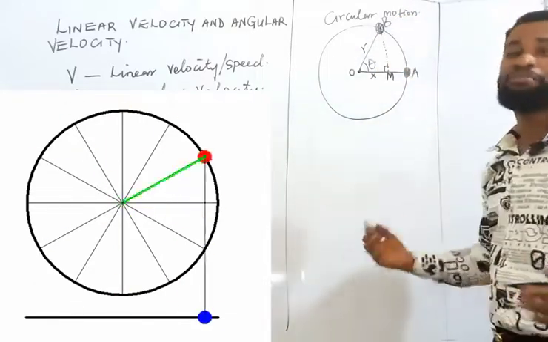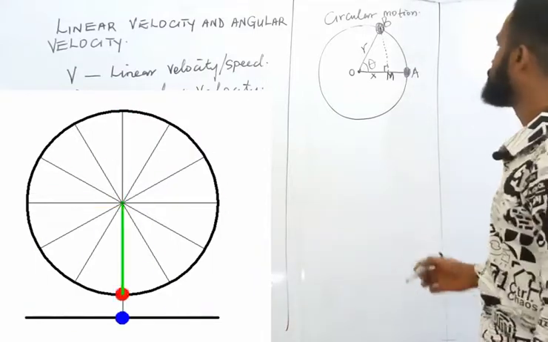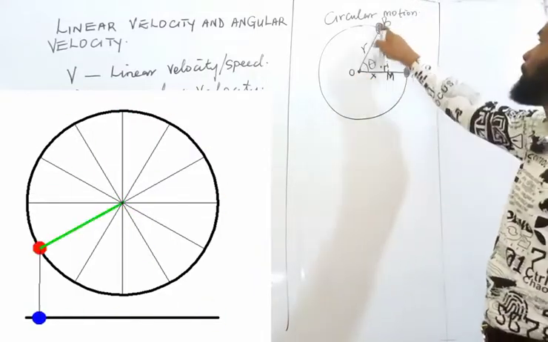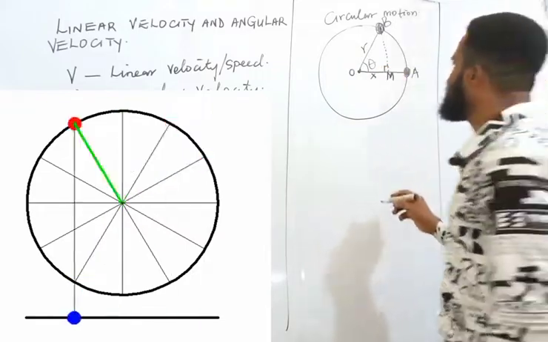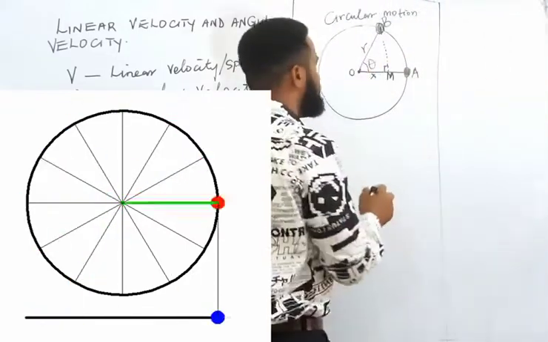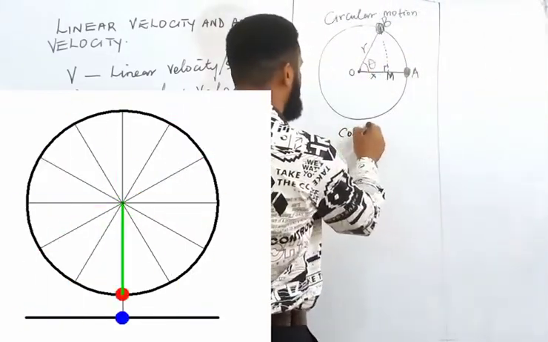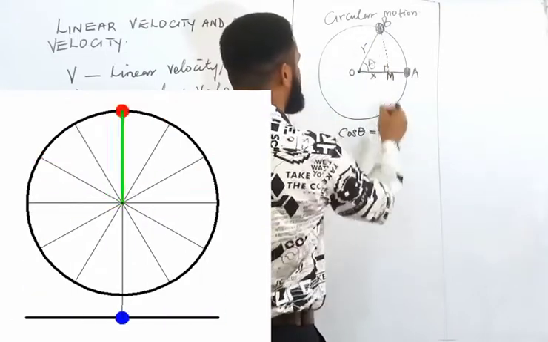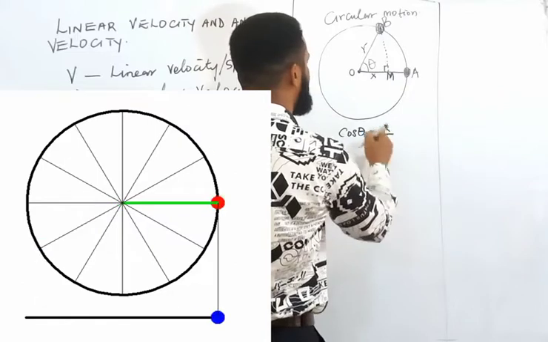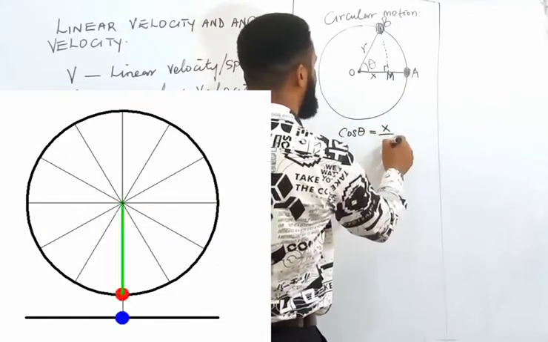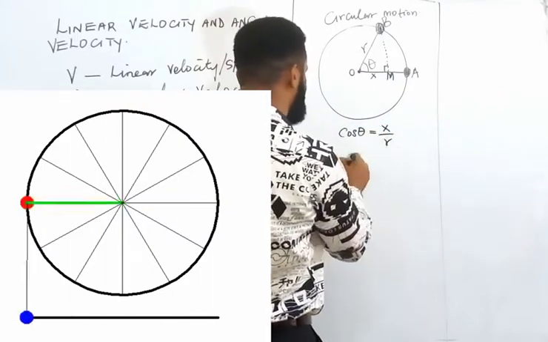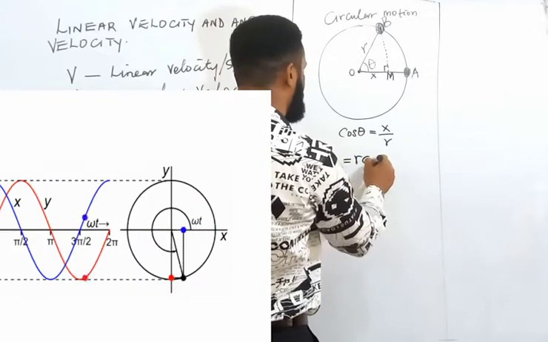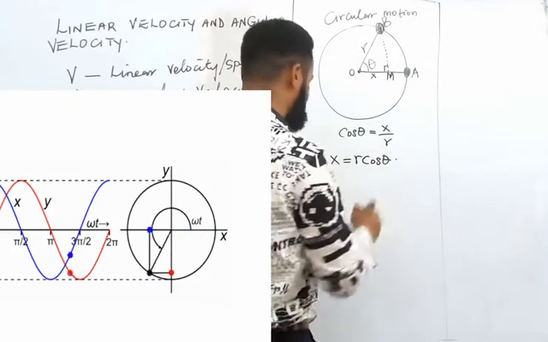Remember, from this center to the circumference, to the highest point, is represented as R, or the amplitude. So if I use this triangle O, B, and M, I realize that cos theta is equal to what? Adjacent over hypotenuse, which is R. So I have that x is equal to R cos theta.